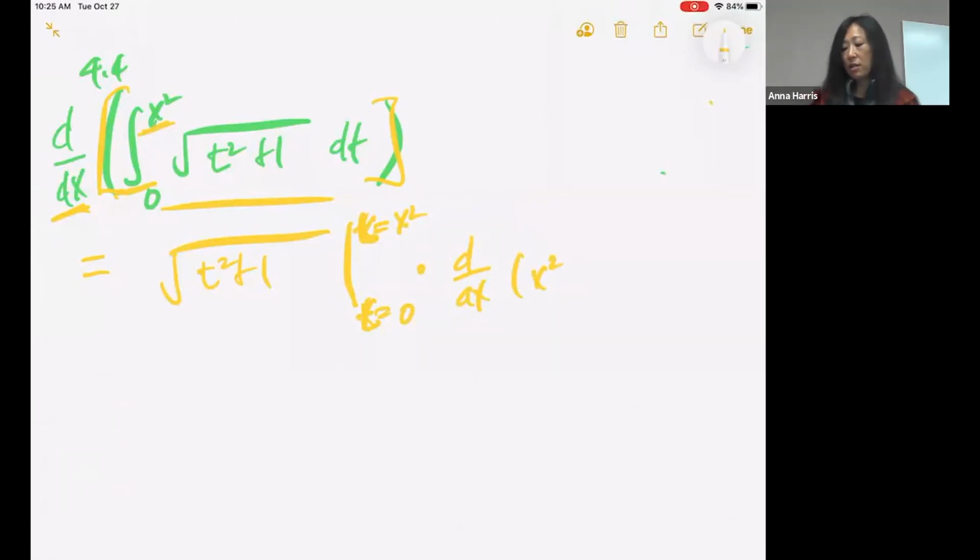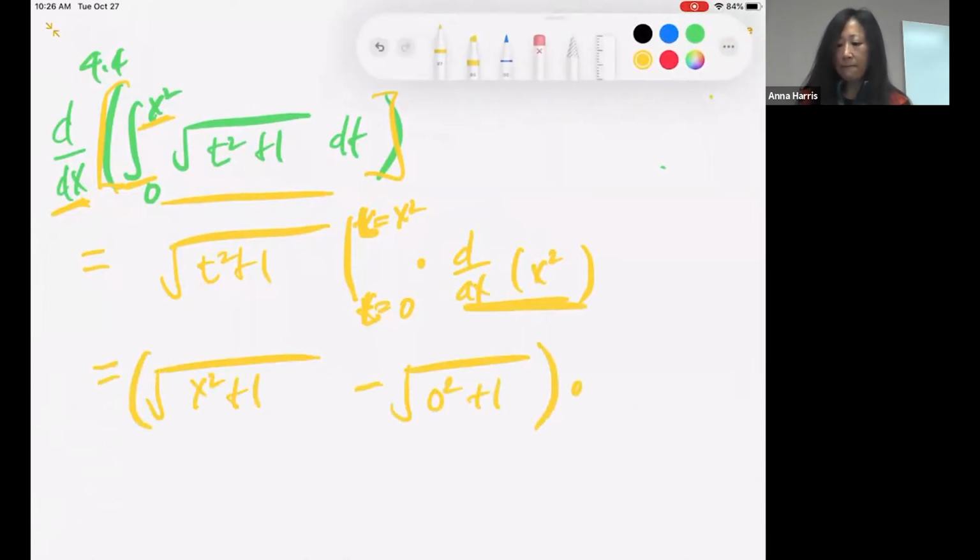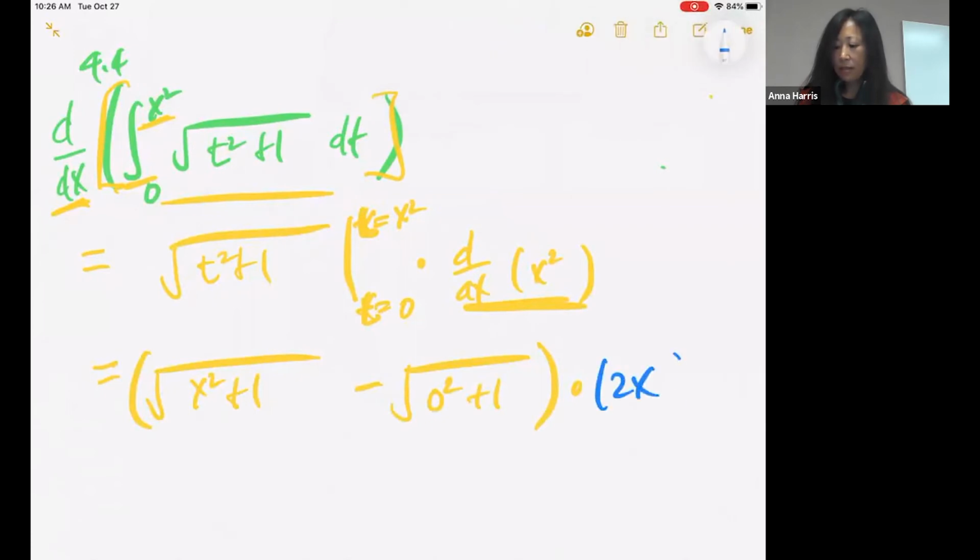And then you're going to have a derivative of 0, which doesn't matter, it's a constant, so I don't even have to worry about it. So I'm going to replace it. And then what you need to do is take the derivative of this. What is the derivative of that? That'll be 2x.